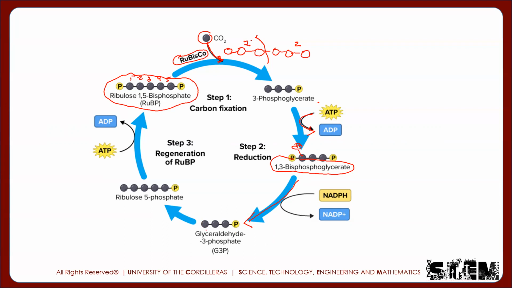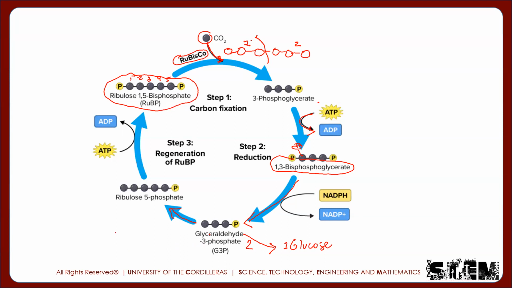And then two G3P molecules will actually be used to create 1 glucose molecule. Going back, the G3P that is left, that is not used to create the glucose because we only need 1 glucose, will be recycled.